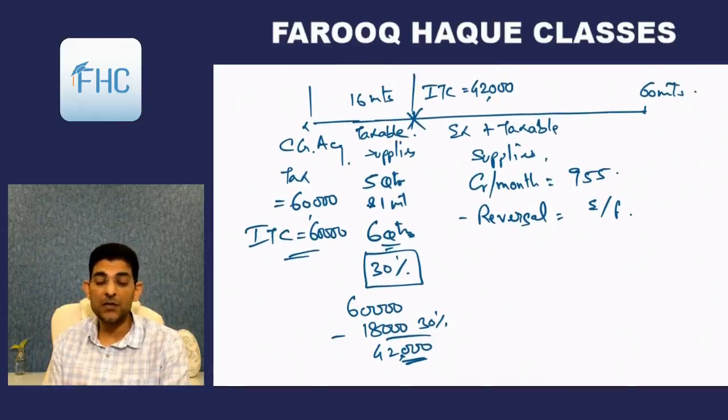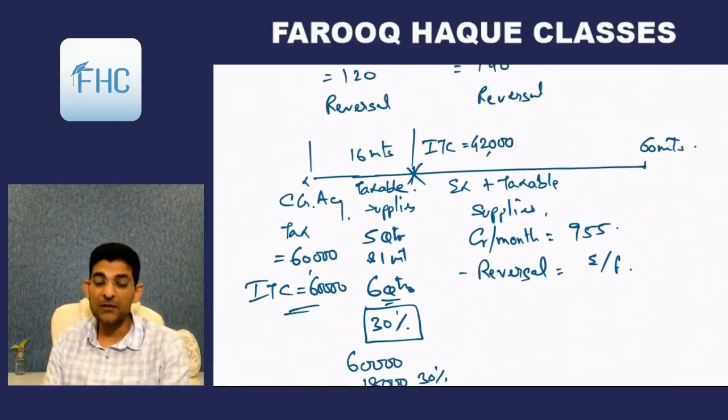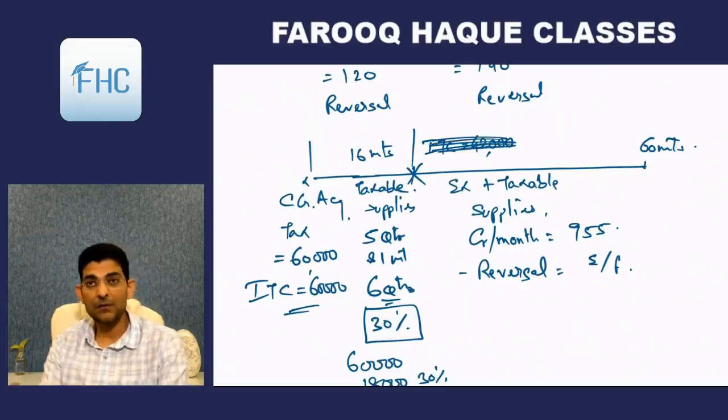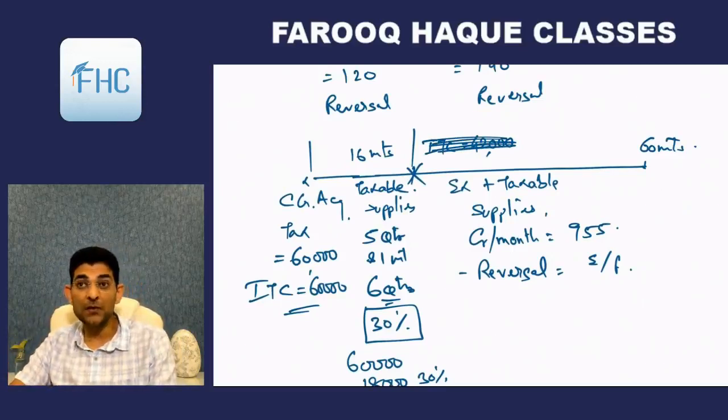So this 18,000 here means that 18,000 credit is allowed to you and you have taken full use of it. Now the balance 42,000 we will not take credit here, but we'll just take 42,000, divide it over the 60 months period, so that gives me 955 per month.